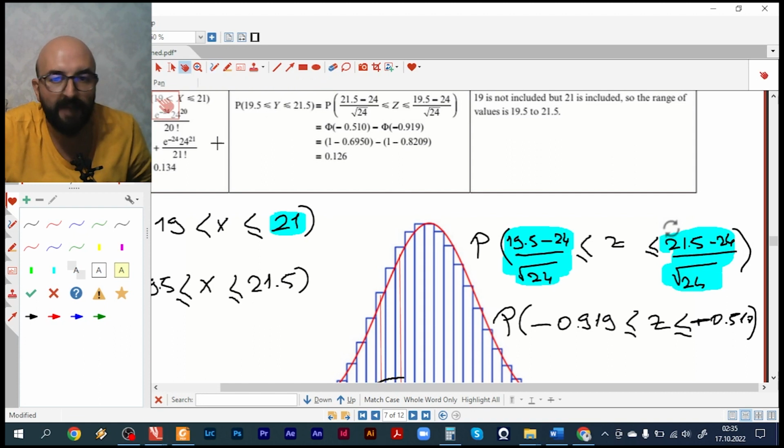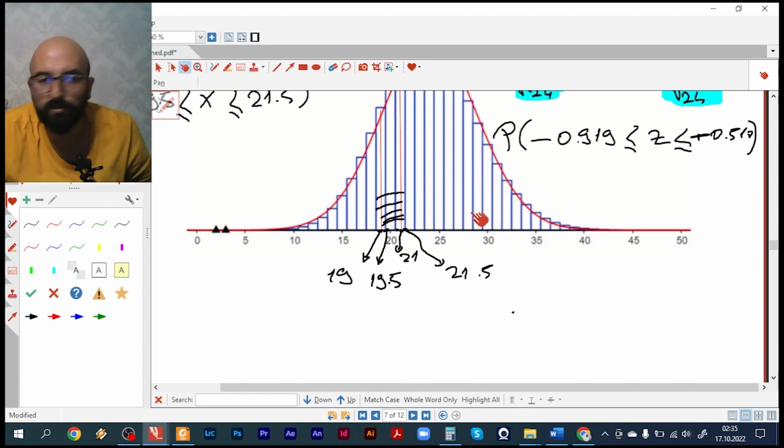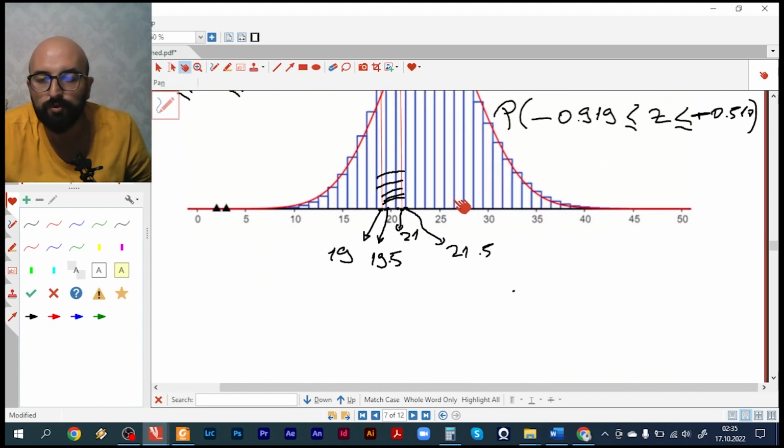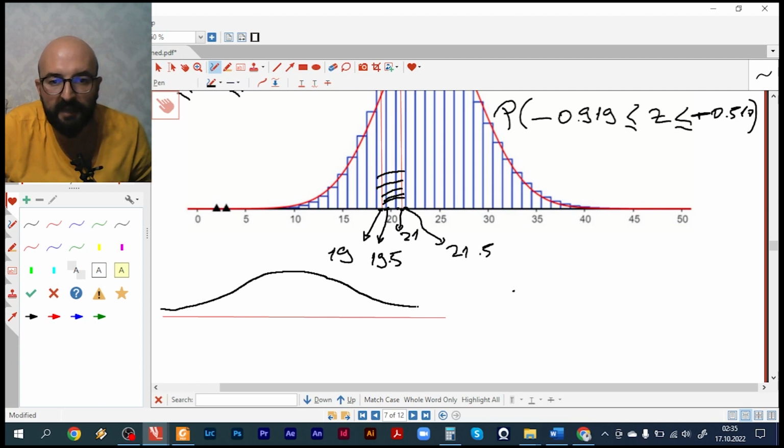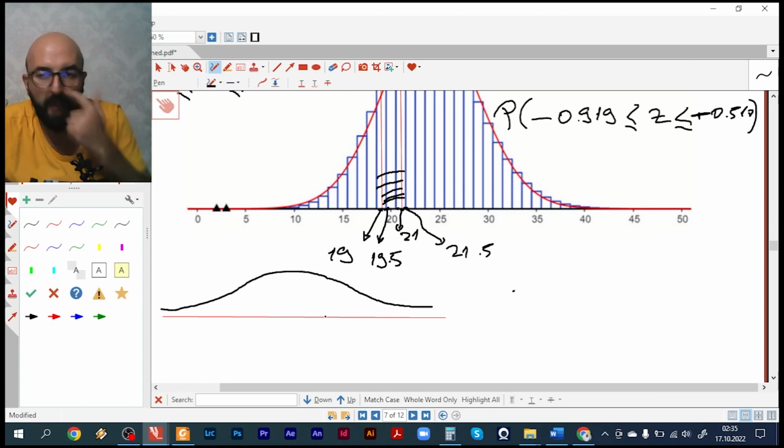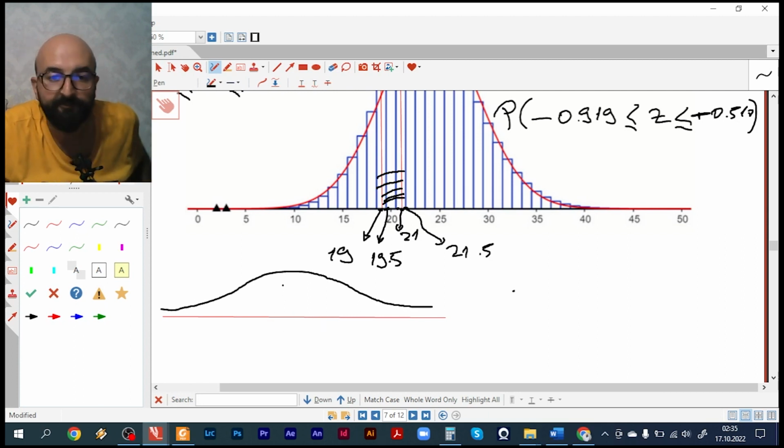Okay, and I want to use the normal curve to show which area they want.